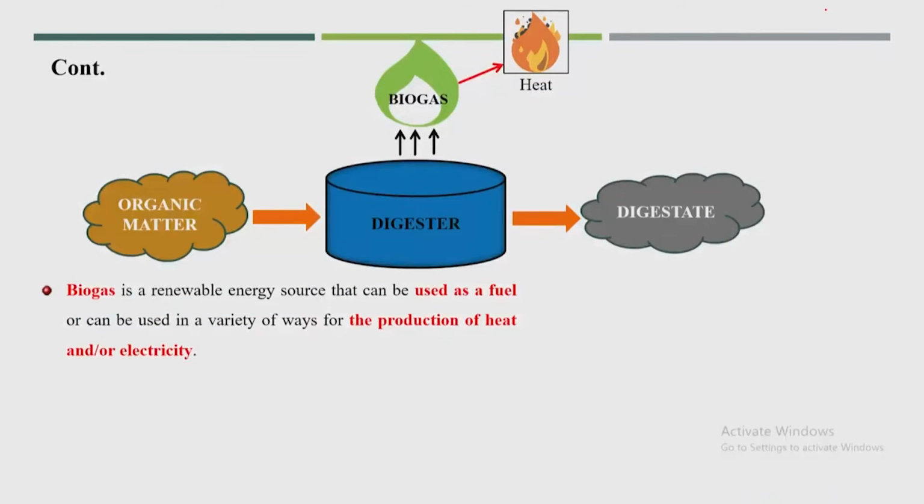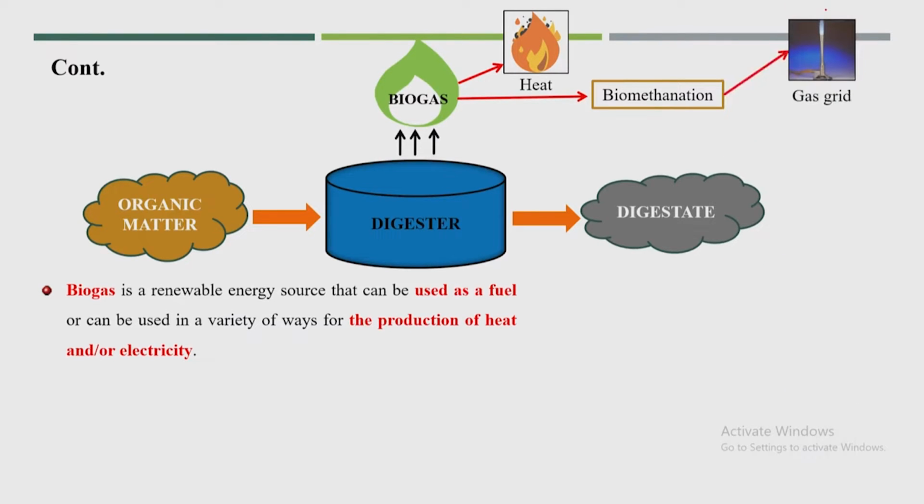Through the biomethanation process, meaning the separation of carbon dioxide from the biogas, we can put the gas directly into the gas grid.